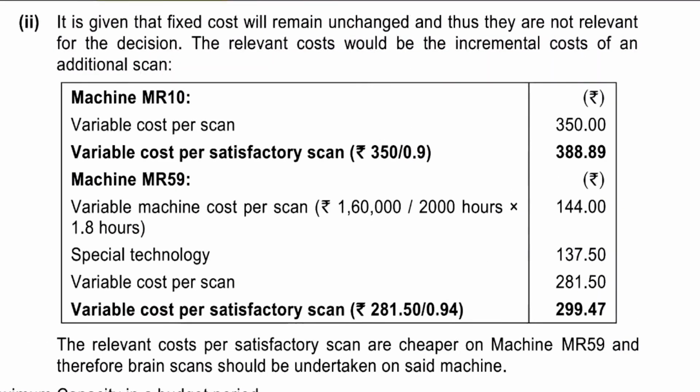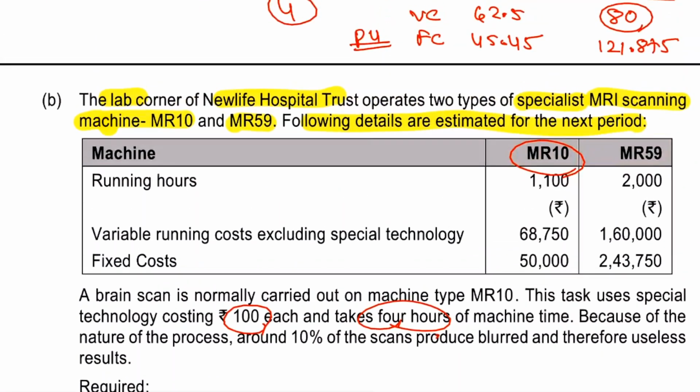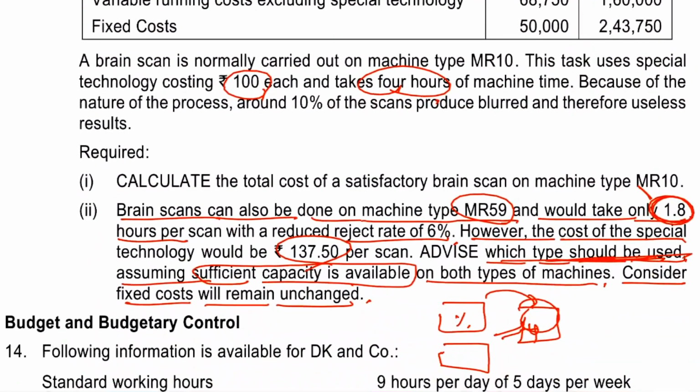Okay, sorry, one mistake happened. What mistake happened? I had to account for the defective rate but missed it. In that case, you did 80 into 1.8, right? So 144 is your cost plus 137.5. You got this cost, but sir, whatever you produce, 6% will be defective.